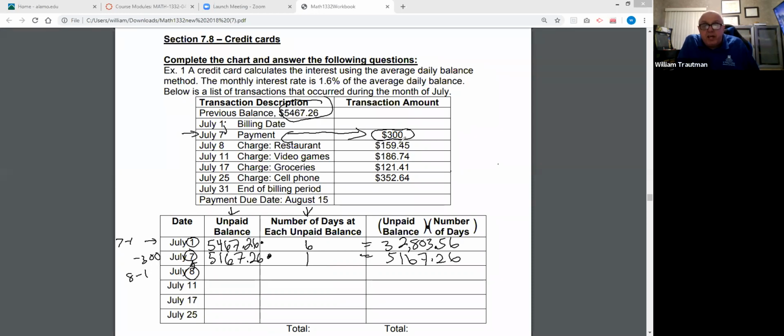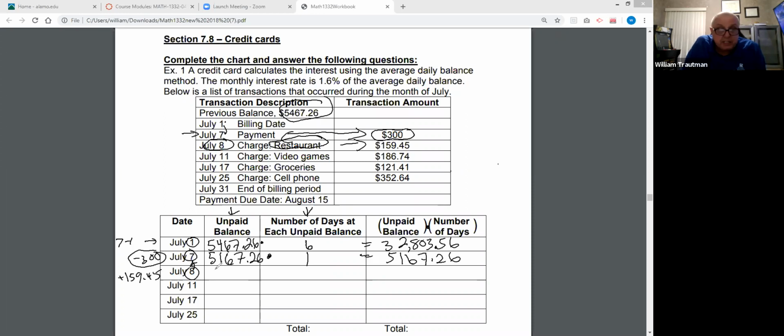Then on the 8th of July, I went to a restaurant and I paid $159.45. That was an expensive restaurant. So I have to add $159.45. We subtracted the $300 because we made a payment, but now I have to add this to the balance here.